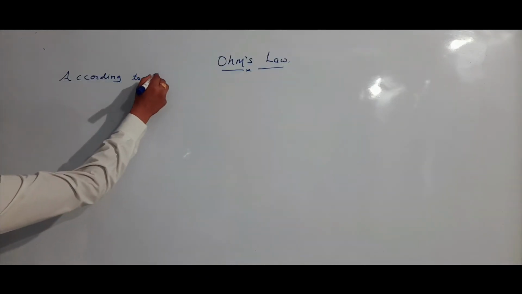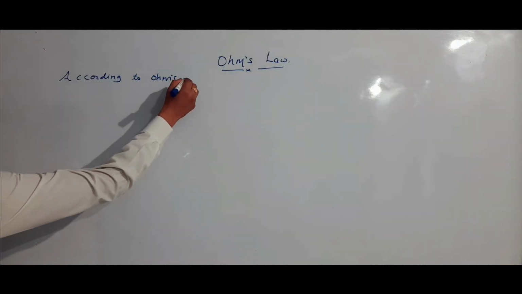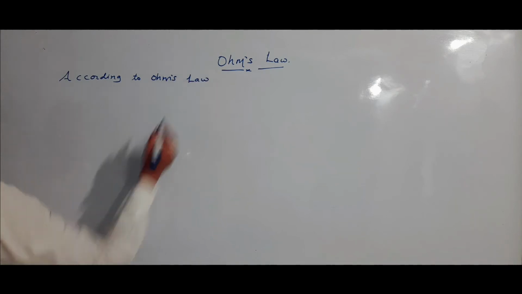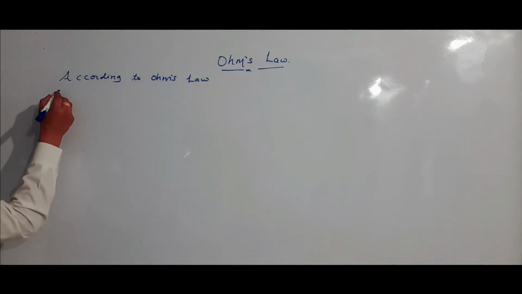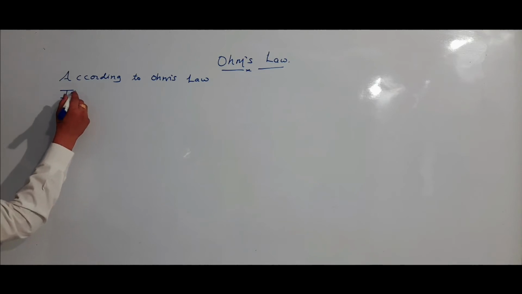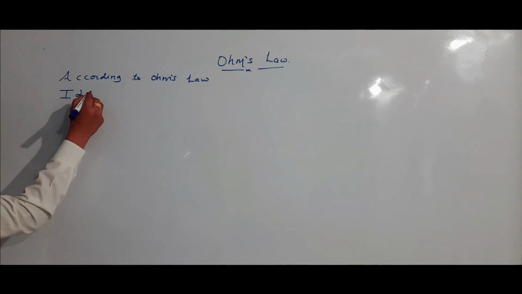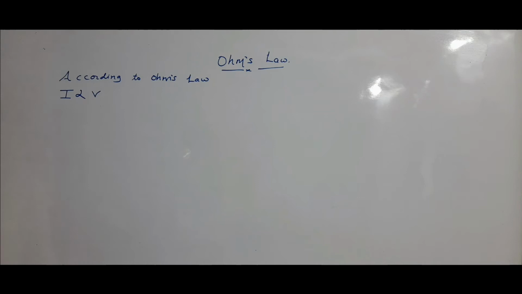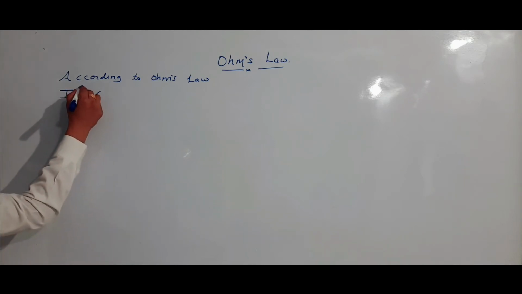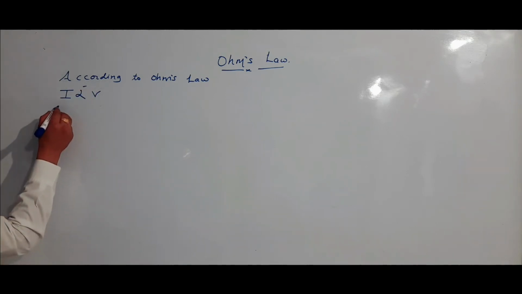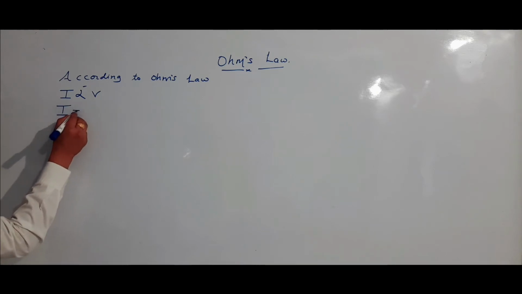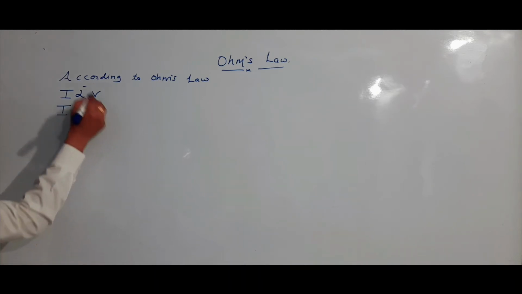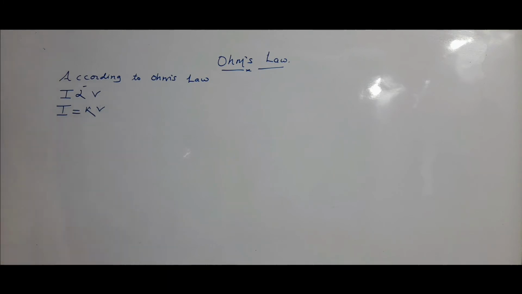According to Ohm's law, we can write: current is directly proportional to potential difference. When we remove the sign of proportionality, we have to put the is equal to sign and a constant, and we write V as it is.